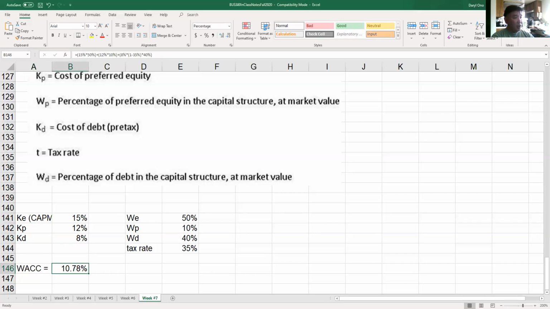Did I go too fast? So when we do this calculation, we come up with 10.78%. That's the weighted average cost of capital. That's the borrowing rate for the whole corporation.